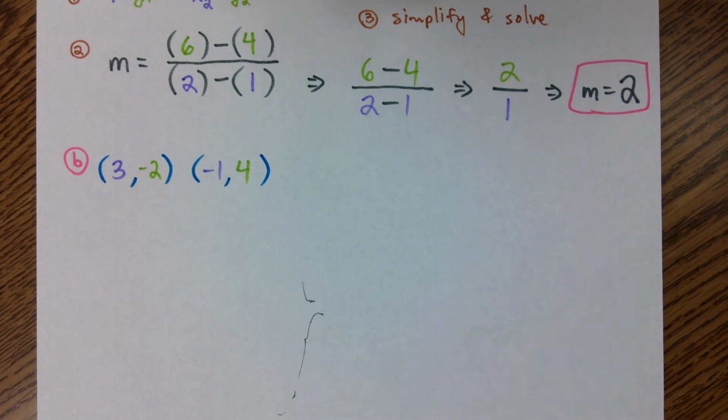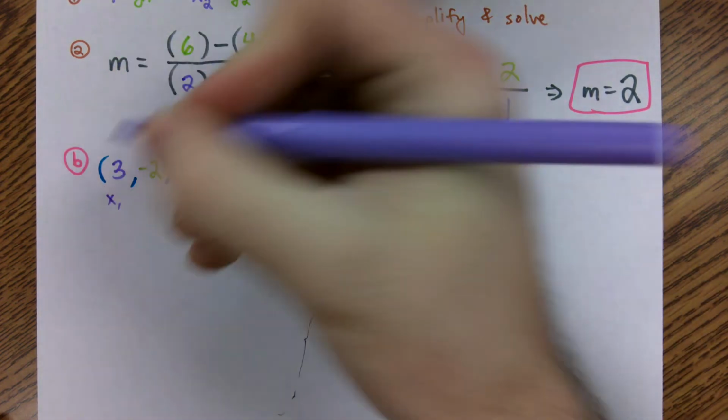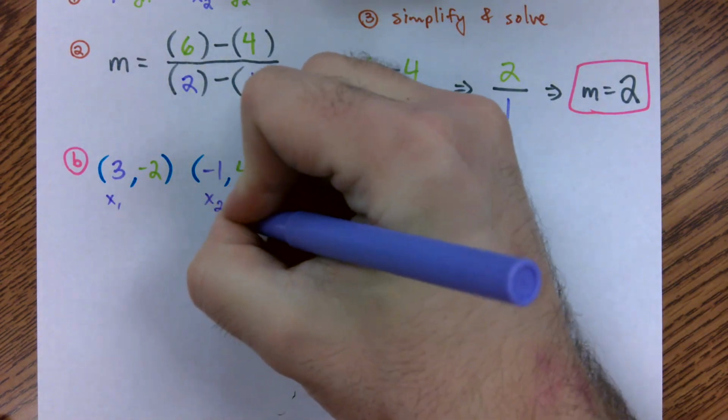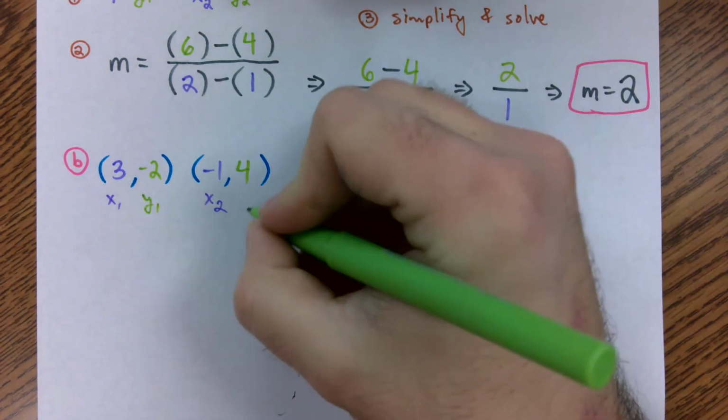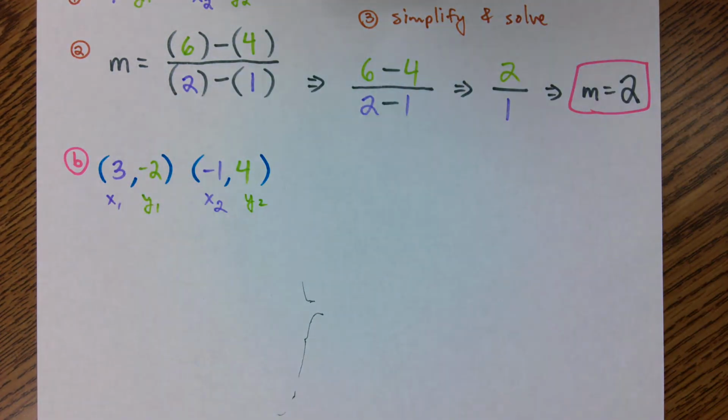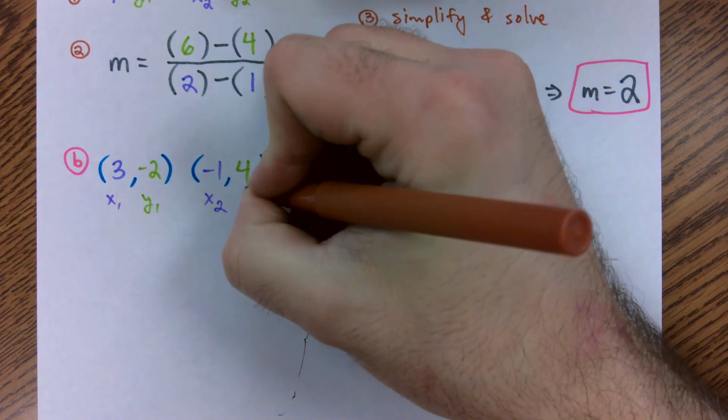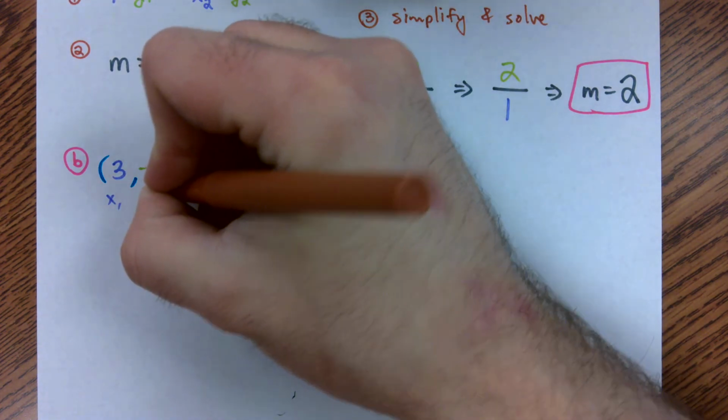All right. What are we going to do first? We got 2 points. Yeah, what do we do first, Azalea? We got to label our points, right? So, from left to right, we're just going to go x1, y1, x2, y2. You got to switch colors, though. x1, y1, x2, y2. And that is step 1.